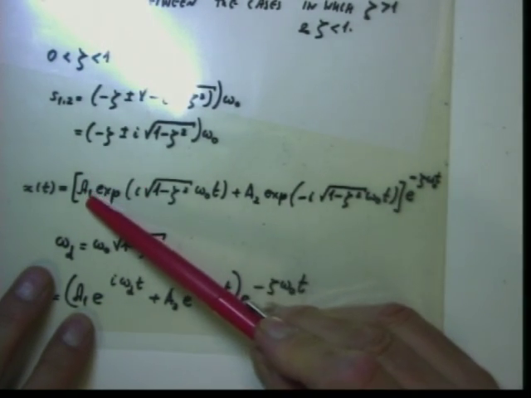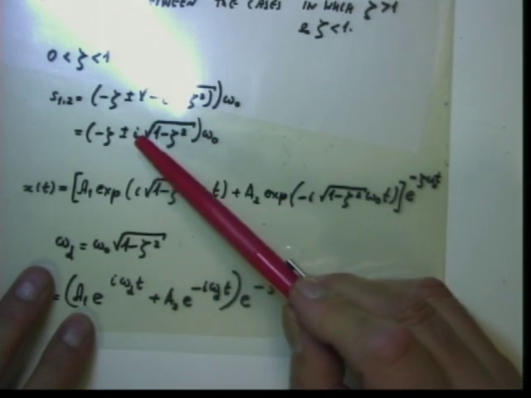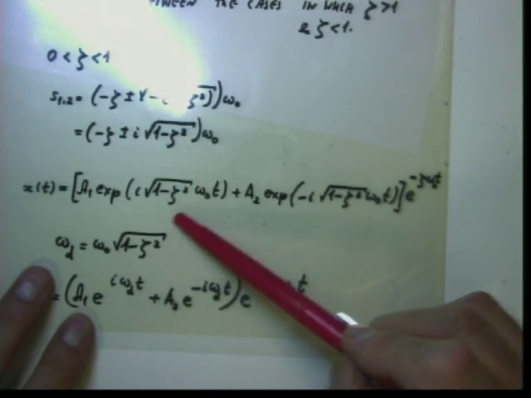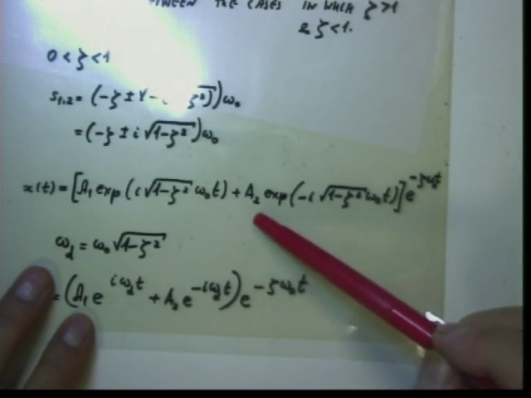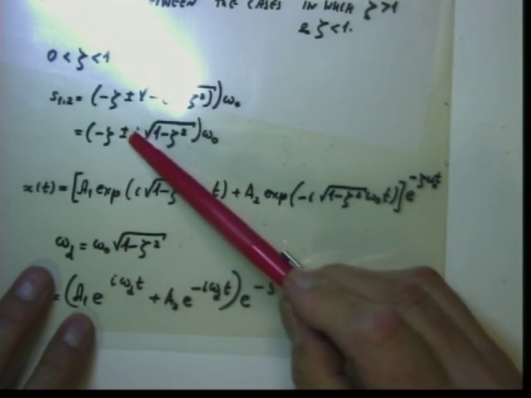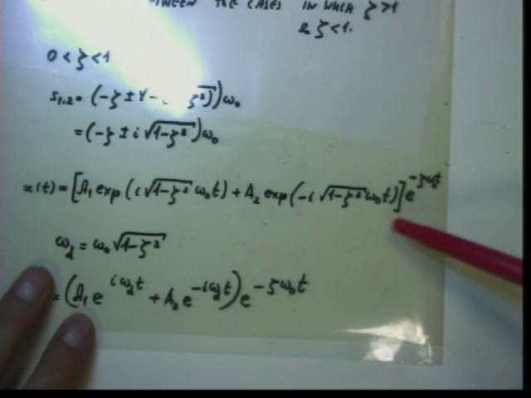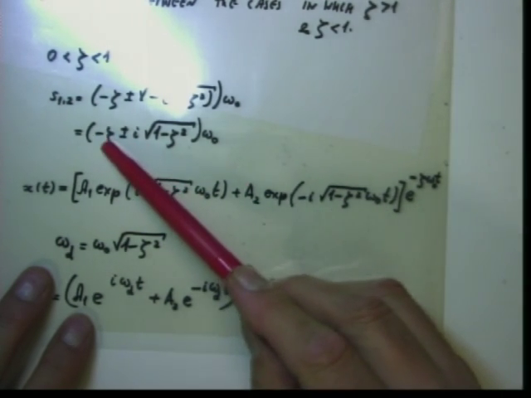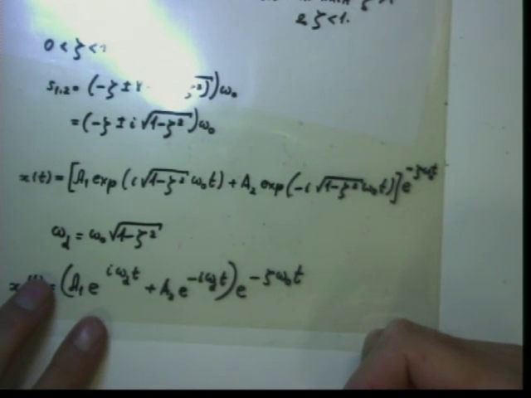So x of t equals a1 times the exponent of this expression, omega sub 0 t, plus a2 times the exponent with minus sign of this expression. And then there is e to the power minus zeta times omega sub 0 t. It's a long expression.